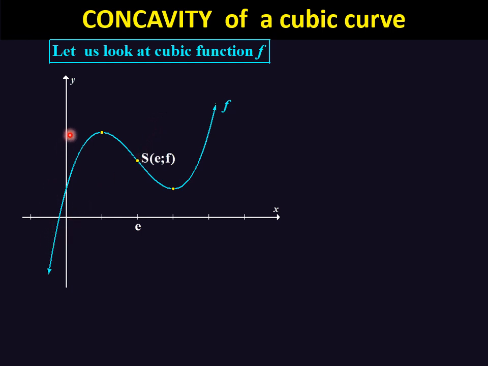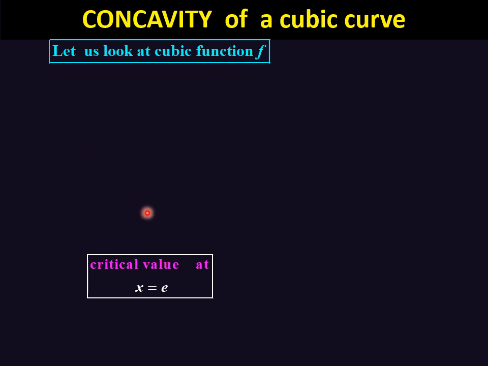There the tangent was above the curve, and at the inflection the tangent will then be below the curve again in this situation. And here we have a critical value associated with that inflection, and that's the x coordinate of the inflection point. How do we determine the critical value of inflection? That's correct. We find the second derivative.